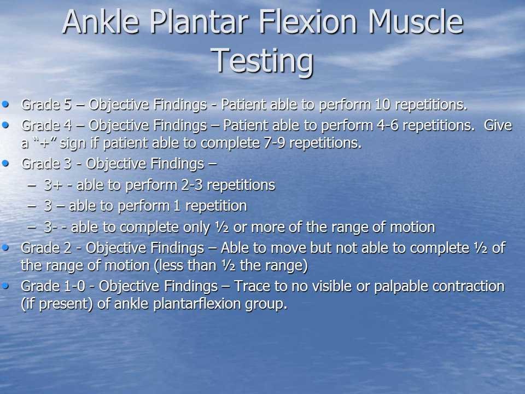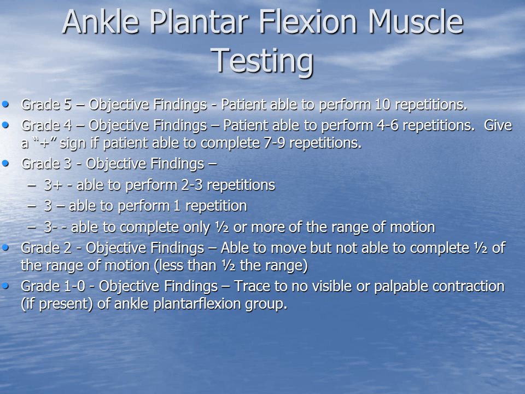With a grade 3, the subject is only able to perform approximately 1 repetition. Grade 3 plus would be 2 to 3 repetitions. A grade 3 minus would be able to complete only 1/2 of the range of motion, not even 1 complete repetition through full range of motion, or is able to perform only partial range of motion for several repetitions.